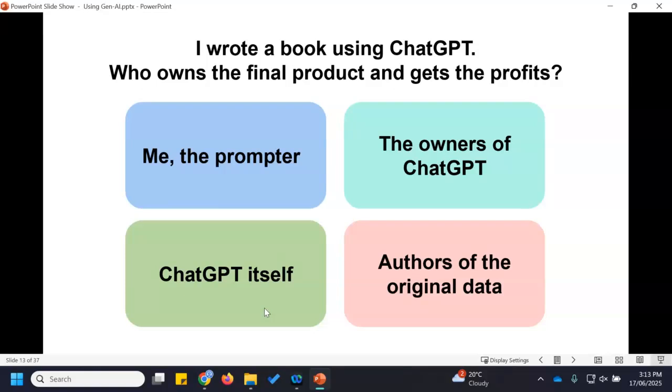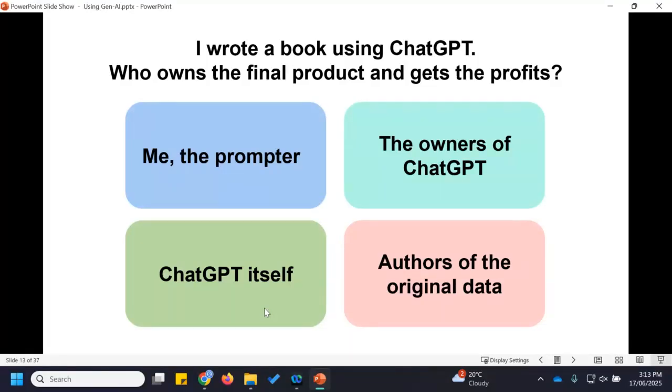And yeah, the prompter is getting money, but that is extremely unethical because they're getting money using other people's work. So this book would ideally be copyrighted to the authors of the original data. So ChatGPT can't own anything itself because it doesn't think for itself. It's not its own entity.